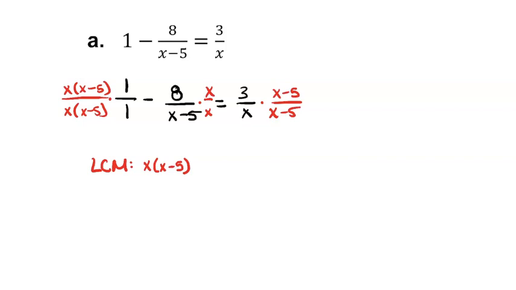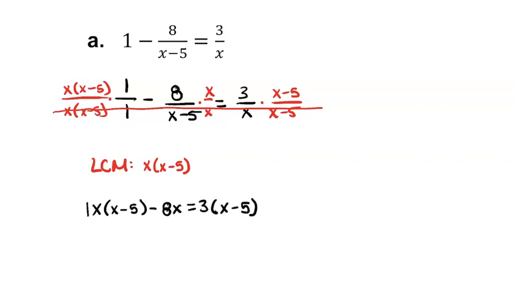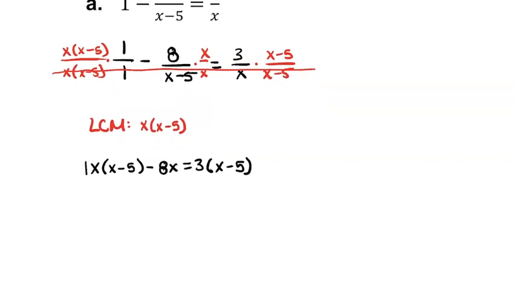Much like our complex fractions, once you have this set up here, you can really just eliminate this bottom part. And what you're left with is 1x times x minus 5 minus 8x equals 3 times x minus 5. Multiply in, so we're going to distribute in this 1x and this 3.